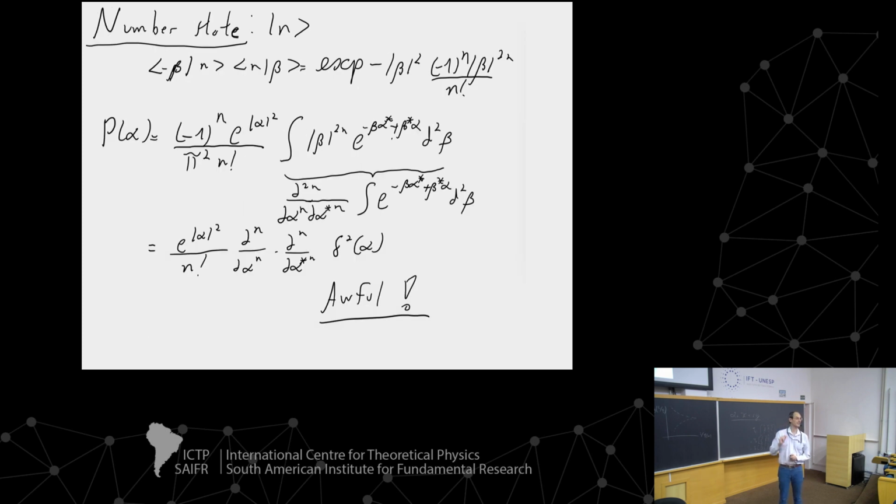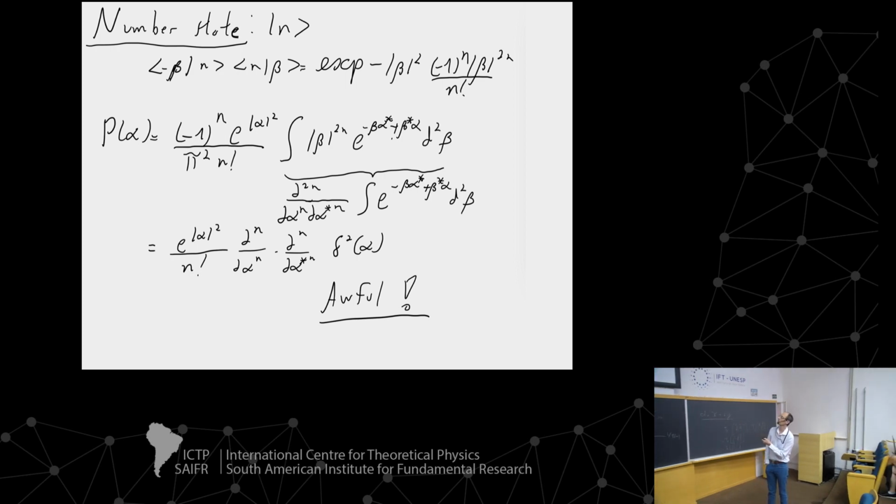Let's see a number state. And now things get creepier. When you take this projection here, you have a function like this, that once you integrate, you have this term involving something that grows with a polynomial function. You can rewrite this as the derivative of nth order of your Fourier transform.